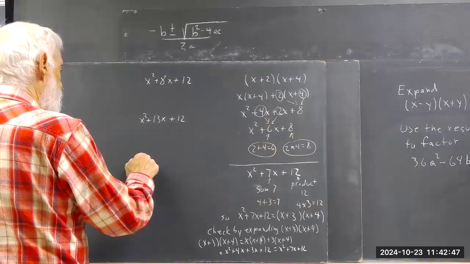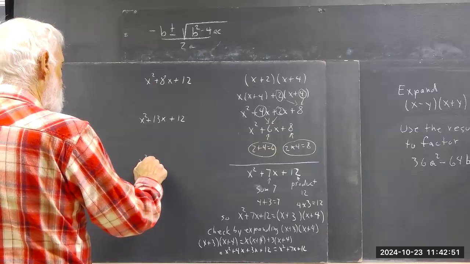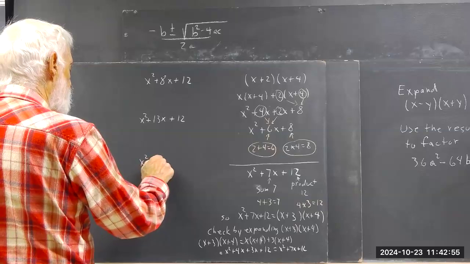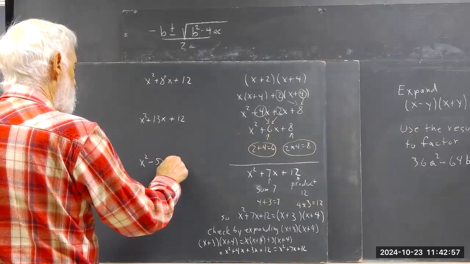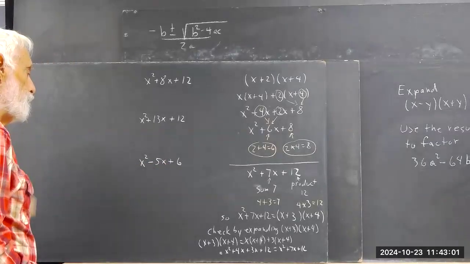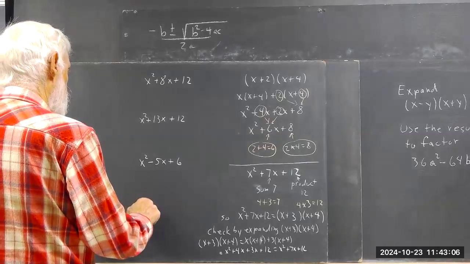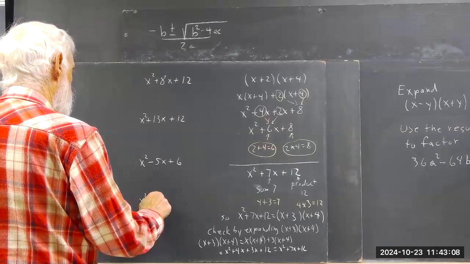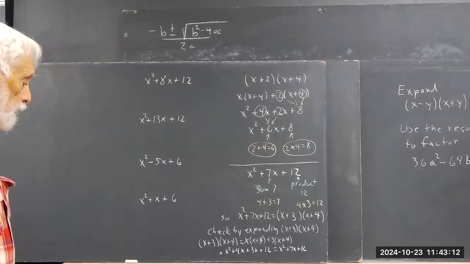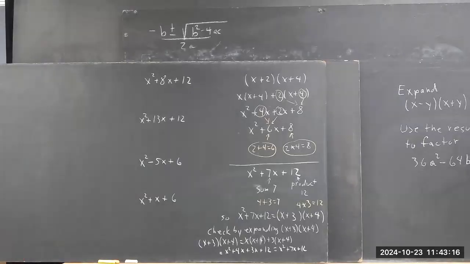Then maybe x squared minus 5x plus 6. And x squared plus x plus 6. Let's see how we can do with these.